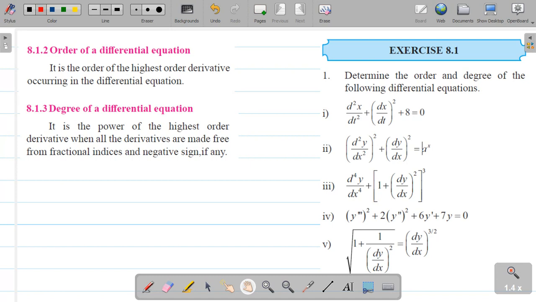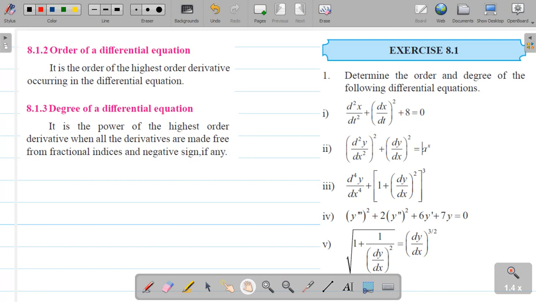Means first order, second order, third order, fourth order derivative. dy by dx means first order, d square y upon dx square is second order, d cube y upon dx cube is third order, d raised to 4 y upon dx raised to 4 means fourth order, and so on. The highest order derivative occurring in the differential equation is called the order of a differential equation.